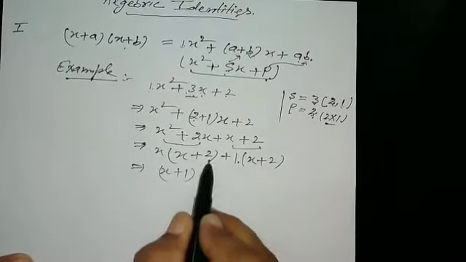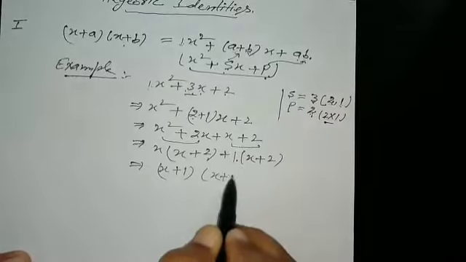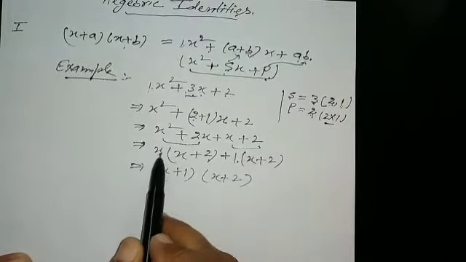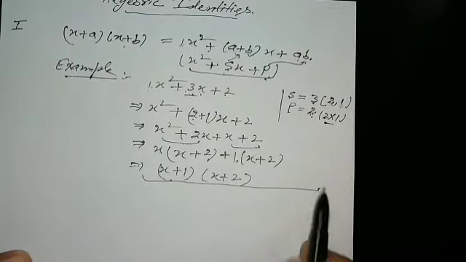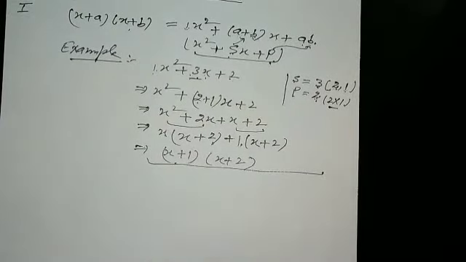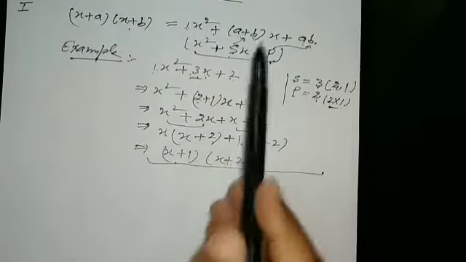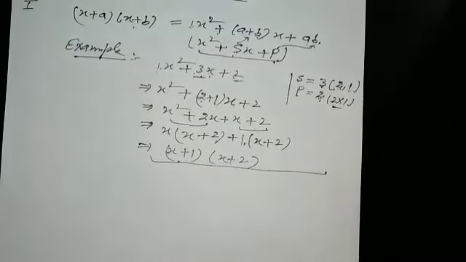Okay, now this x plus 2 is common, and in remaining you will get this factor x plus 1, right? So this is the process, right?